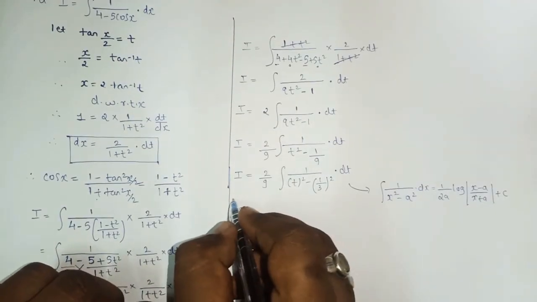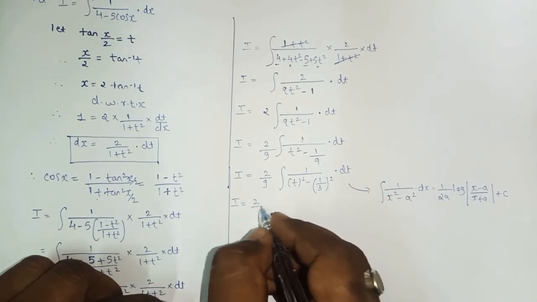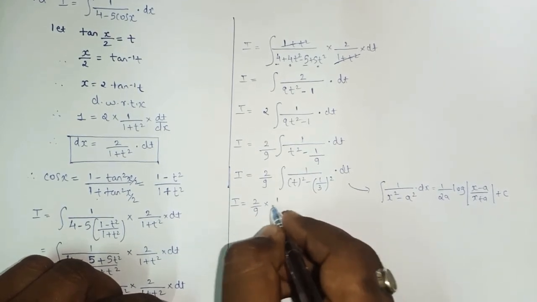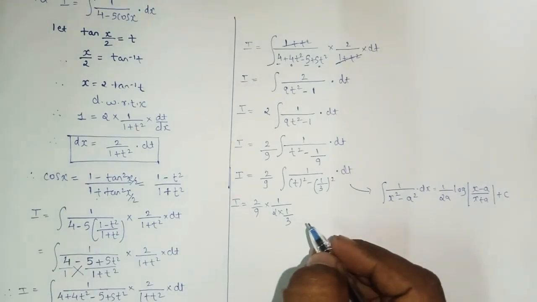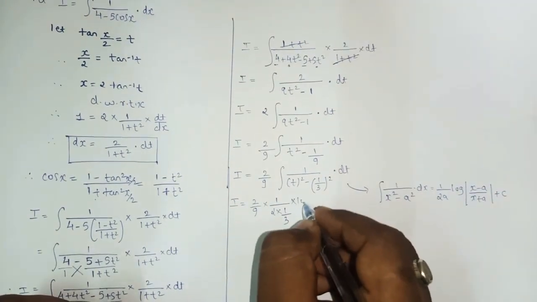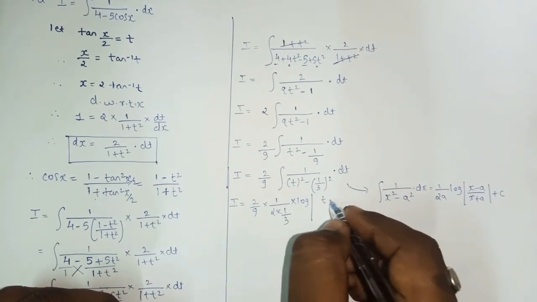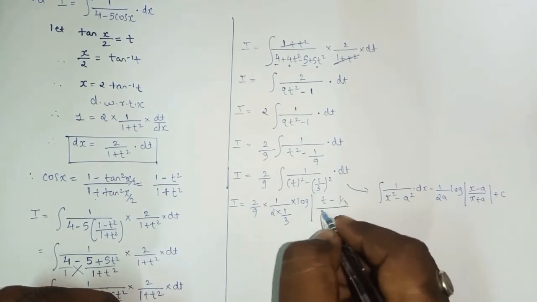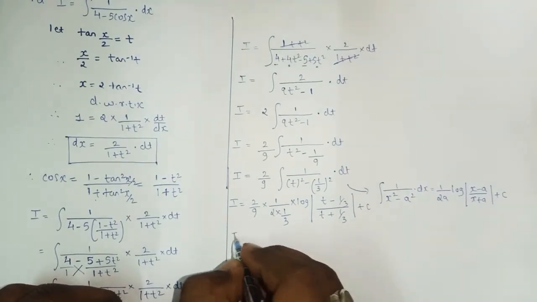So we'll integrate now with respect to t here. So 2 upon 9 into 1 upon 2a. Here a is what? 1 by 3 into log x minus a. X is what here? T minus 1 by 3 upon t plus 1 by 3 plus c.